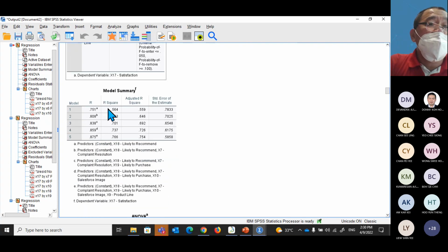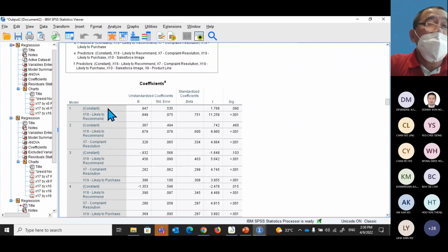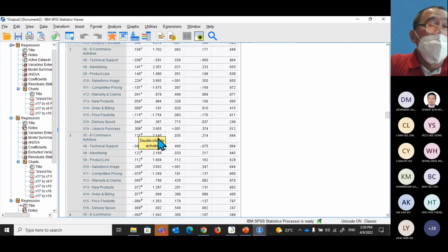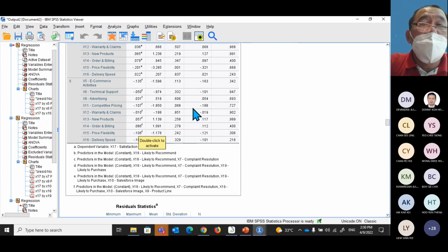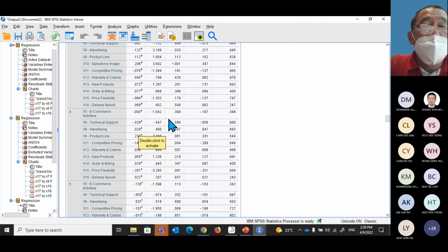But then you see they include one more. From this list, they can actually find one more. Competitive pricing, they're not going to consider because it's 0.06. But in model 4, they may include a few more borderline ones, 0.001.